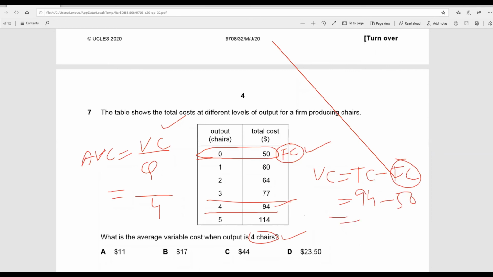So variable cost is equal to 44. So we can put the value 44 here. And now we can just solve it. 4 ones are 4, 4 ones are 4. So average variable cost is equal to 11. So the answer for question number 7 is option A.